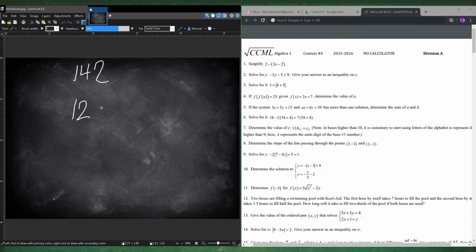So the highest you can go to is 12 to the power of 1. What number can multiply 12 to the power of 1 to get us close to 142? 12 times 12 is just 12 squared, which is a little bit higher, so I expect it to be 12 times 11.